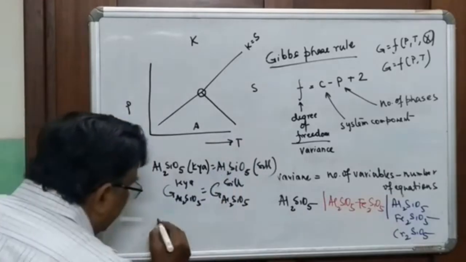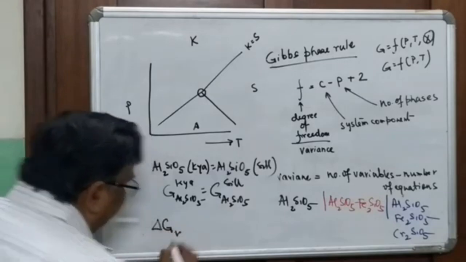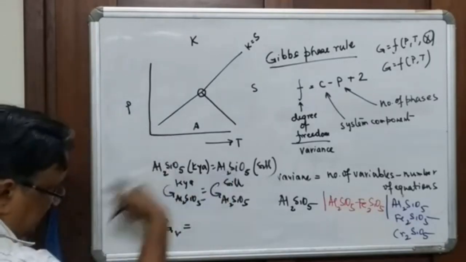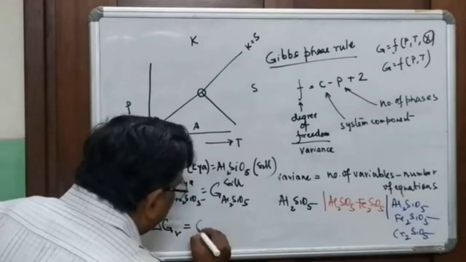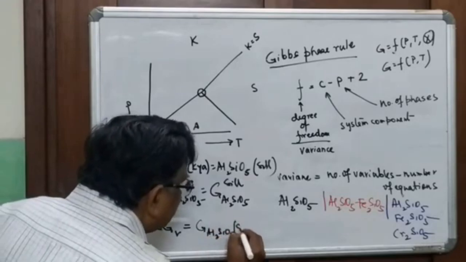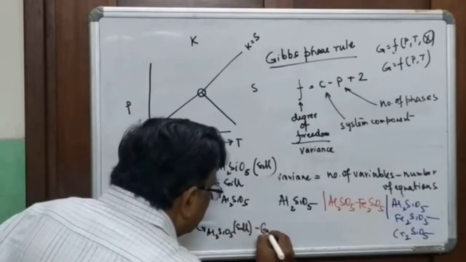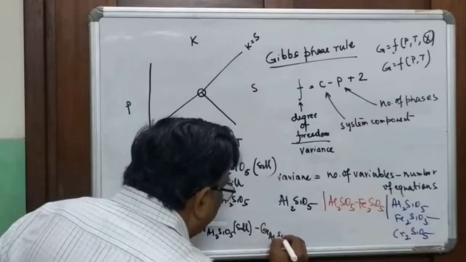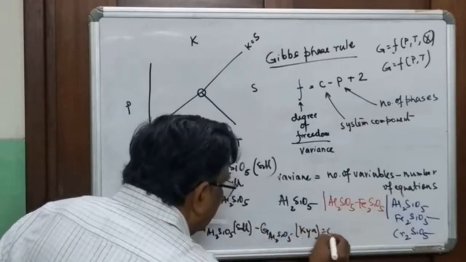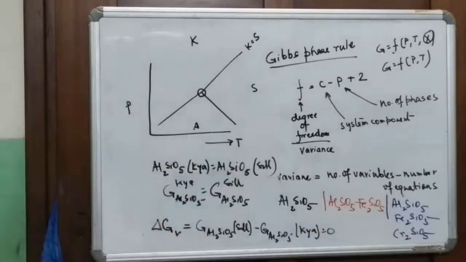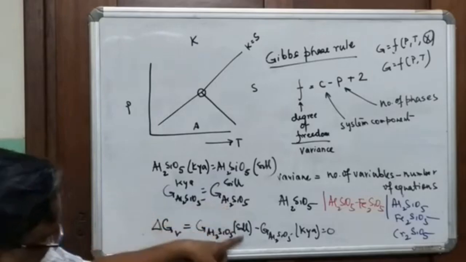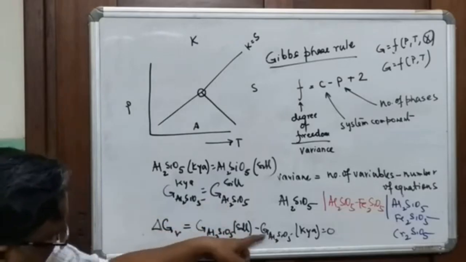That means delta G of the reaction is equal to product minus reactant: G of Al2SiO5 sillimanite minus G of Al2SiO5 kyanite equals 0.